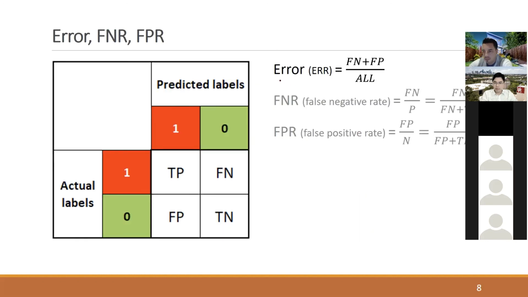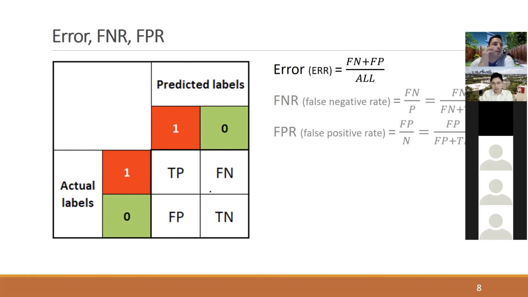In terms of errors, of the four cells in the confusion matrix, is it the diagonal line or the off diagonal line that is describing the mistakes? It's the off diagonal. So, always remember this. The off diagonal line is describing false predictions.